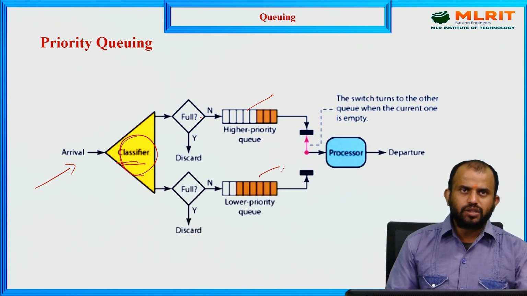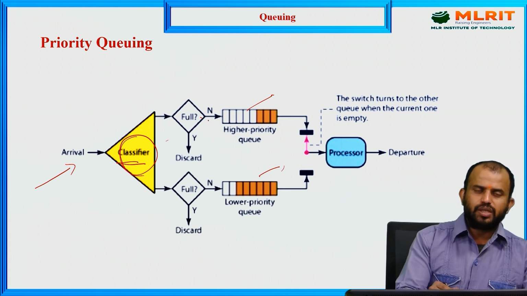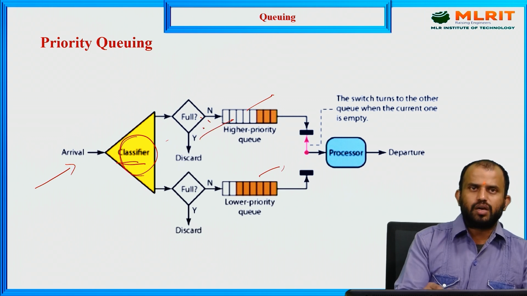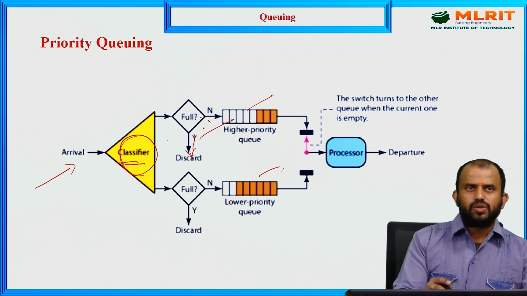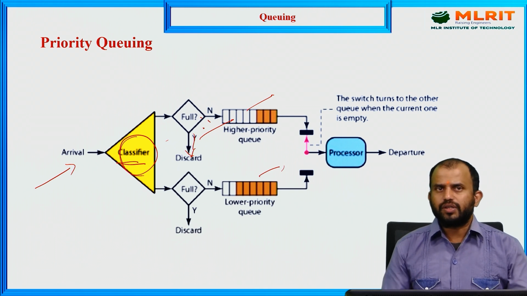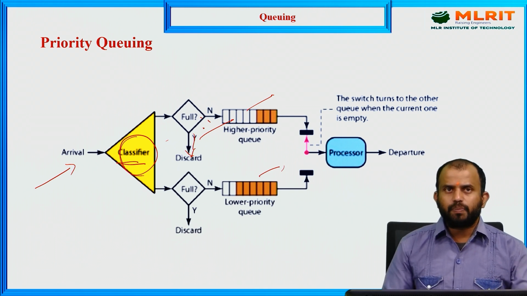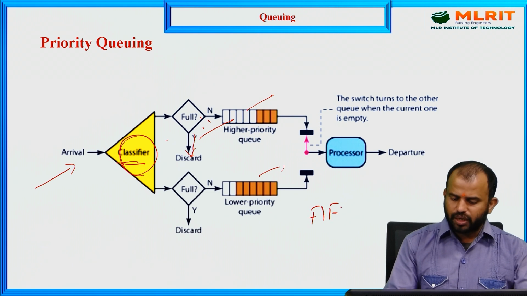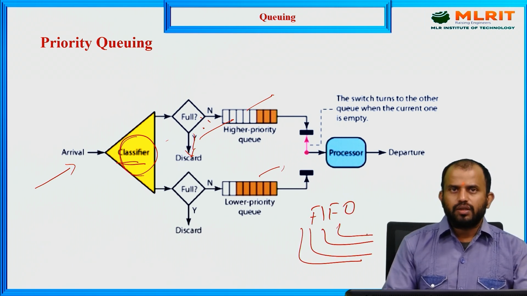If it is the highest priority, move information to this section. If it is in available mode, it will process the thing, or else it is simply discarded. So it is more or less similar to first in first out, but we have the advantage of this priority queue. In the previous one, what happened? Based upon the first in first out mechanism, whoever gets the first service, whoever occupies the first channel, the information is transmitted, then the second, next, third.